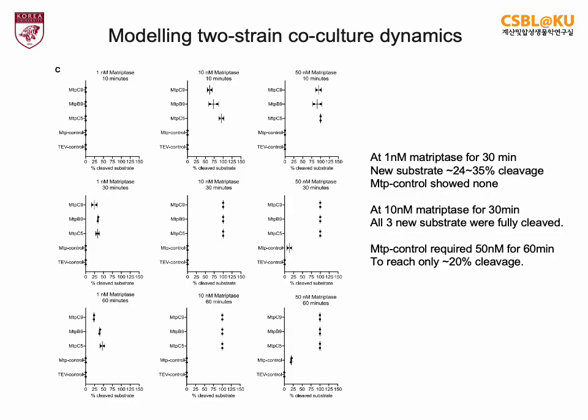The control required 50 nanomolar for 60 minutes to reach only about 20% cleavage. Across conditions, the optimized linkers enabled faster, more efficient activation than the legacy control. This data validates that short treatment times and low matriptase levels can activate the new prodrugs.